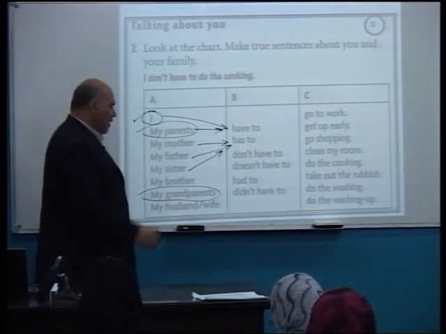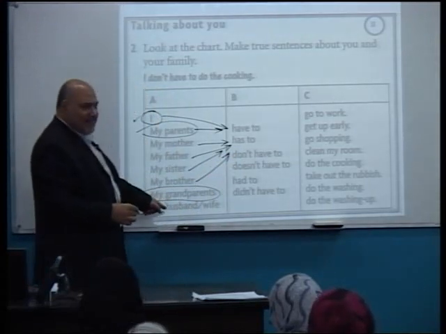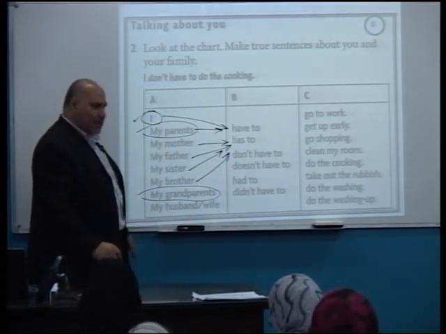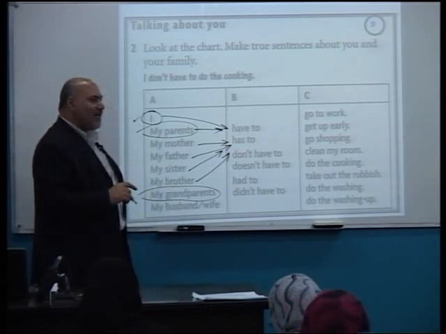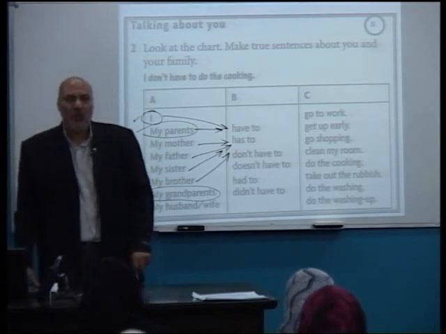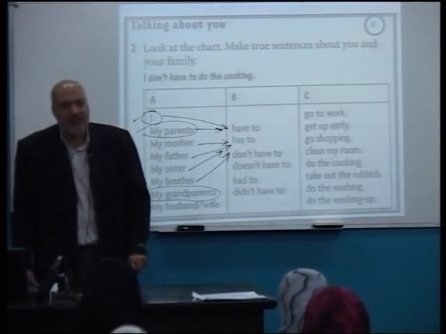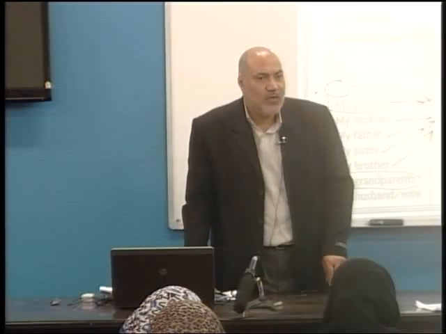My brother has to. My husband has to. My wife has to. So with the third singular person, we use has to. With the first singular person and first plural person, I and we, have to. With the plural, have to. We have to. They have to.